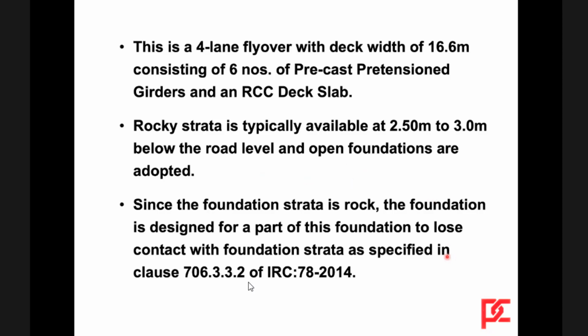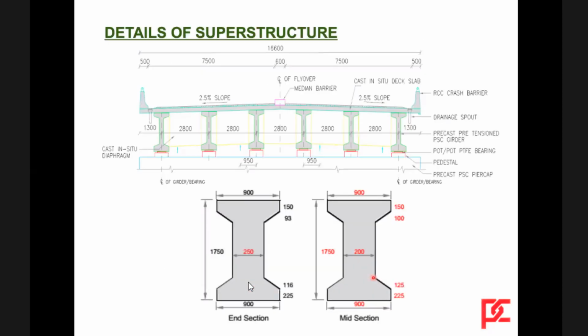Since the foundation strata is rock, the foundation is designed for a part of the foundation to lose contact with the strata, as specified in the relevant clause of IRC 78. This is a cross section of the superstructure, and these are the cross sections of the pre-tensioned girders.